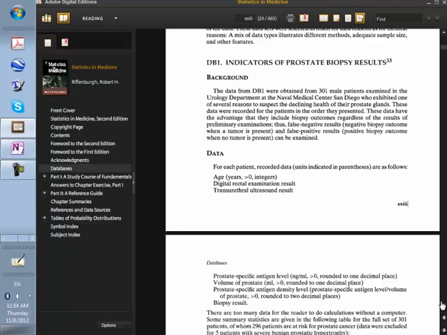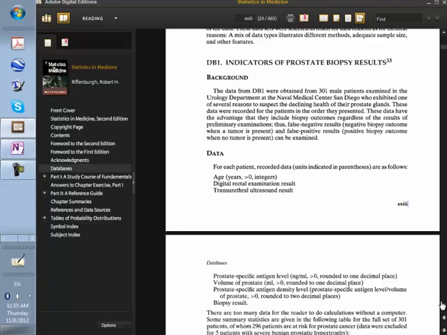So here we have a data set which is fairly big. It comes from 301 male patients. And we want to see if they have exhibited one of several reasons to suspect declining health of their prostate glands. This data set was recorded for the patients in the order they were presented.